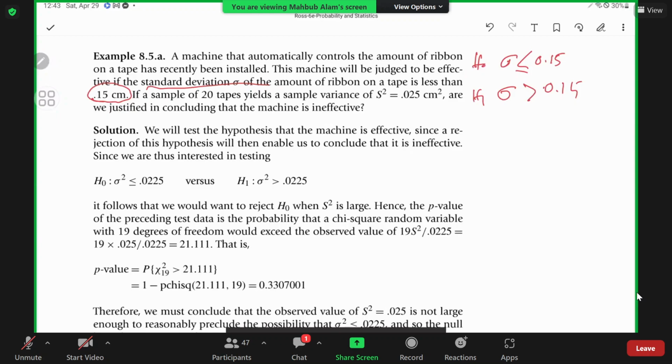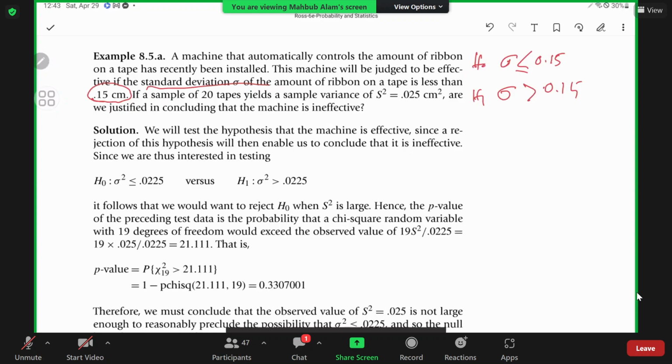We need to find out two values from the chi-square: chi-square alpha by 2, n minus 1, and chi-square 1 minus alpha by 2, n minus 1. Since alpha is equal to 0.05, we will have chi-square 0.025 with n equal to 20, so 19 degrees of freedom.